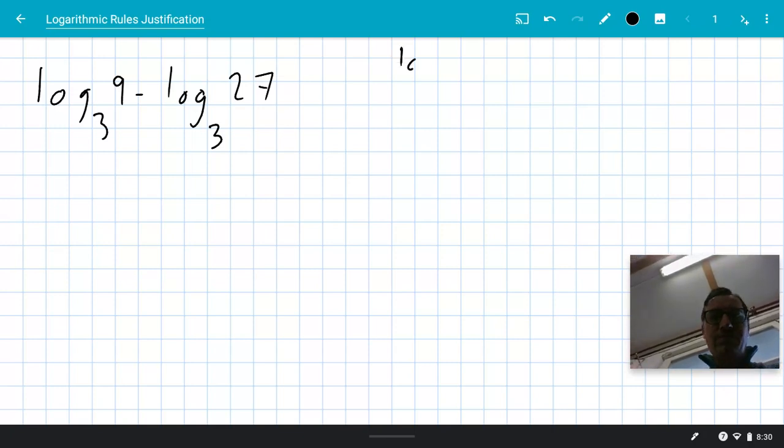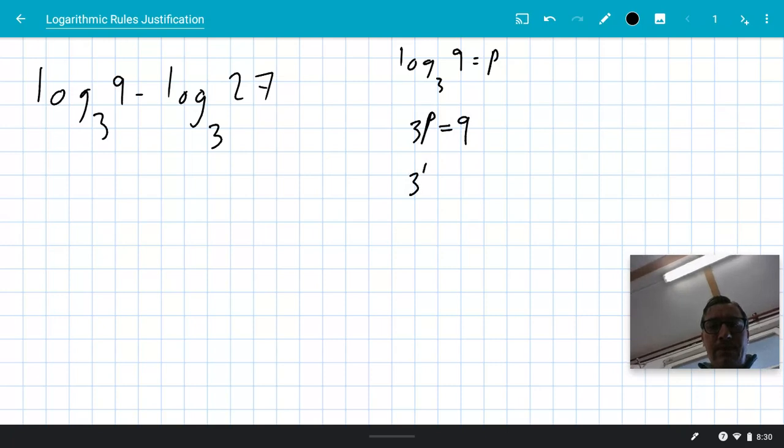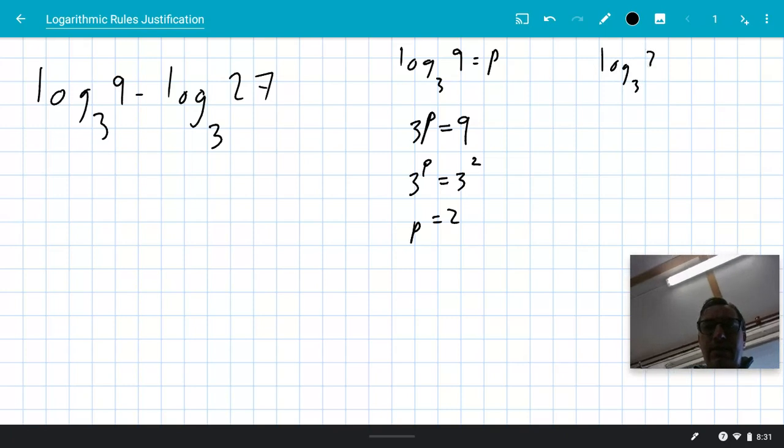Okay, so hopefully you're going to say this is equal to P, right? So 3 to the P equals 9. 3 to the P is 3 squared, so P is 2. No big deal. And then the same thing for this.